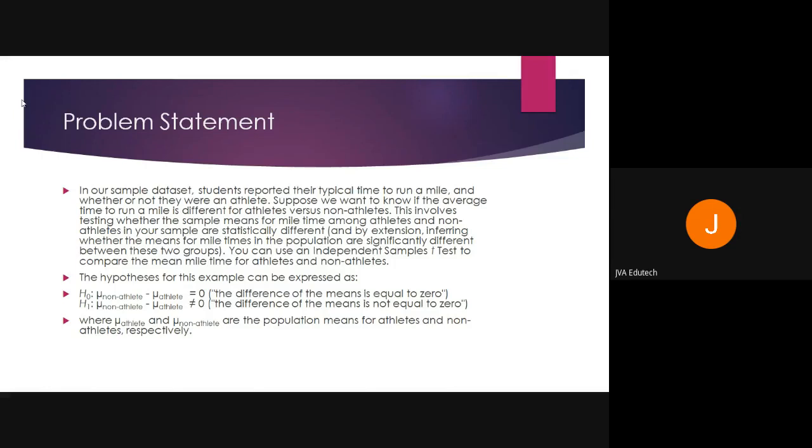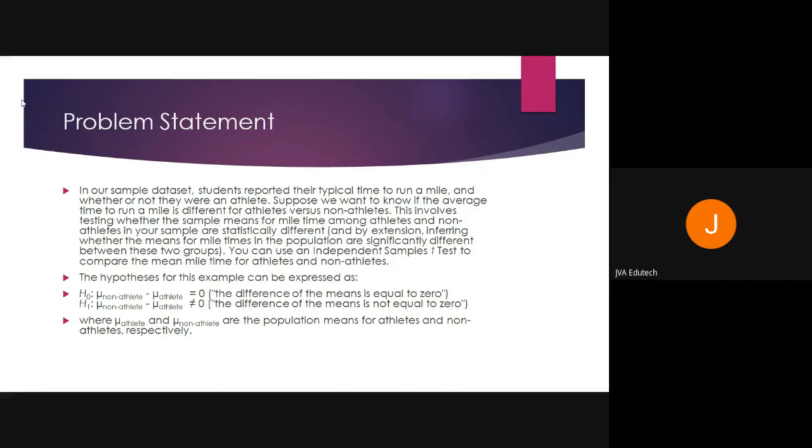Now, suppose we want to know if the average time to run a mile is different for athletes versus non-athletes, which means whether two means are different or not. This involves testing whether the sample means for mile time among athletes and non-athletes are statistically different or not.